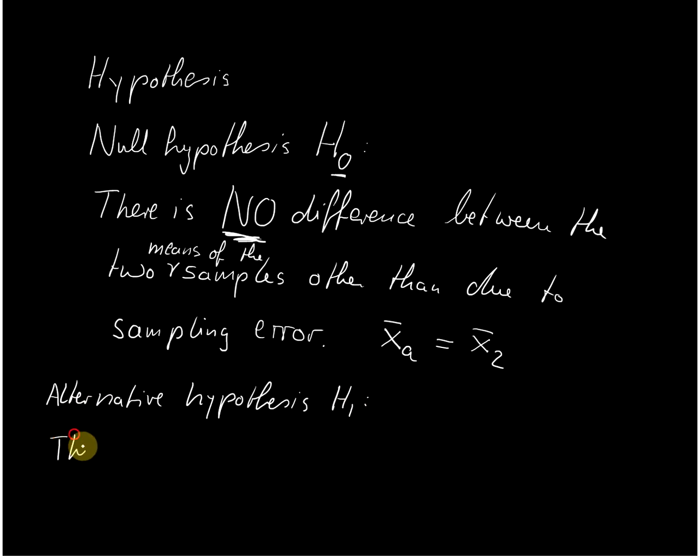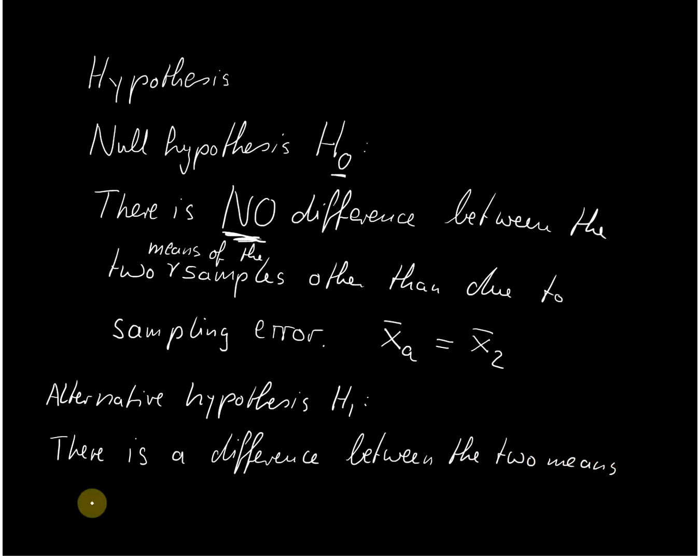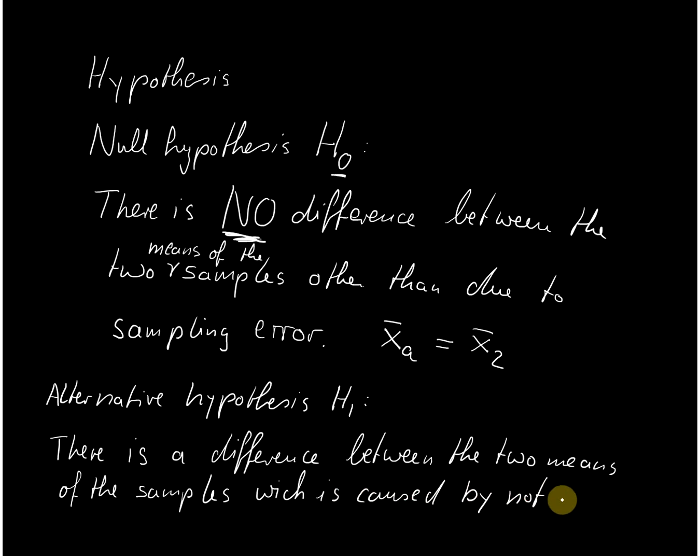It says there is a difference between the two means of the samples, which is caused not only by sampling error, but also something else.